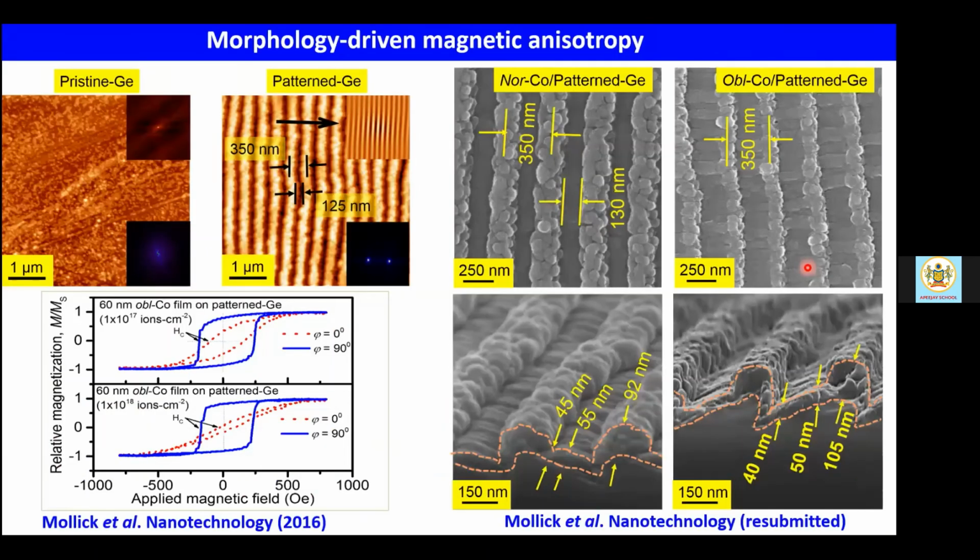And one last example in the last 4 or 5 minutes. I come back now to the exhibition of nice anisotropic magnetic property when we use those highly ordered, patterned germanium surfaces.